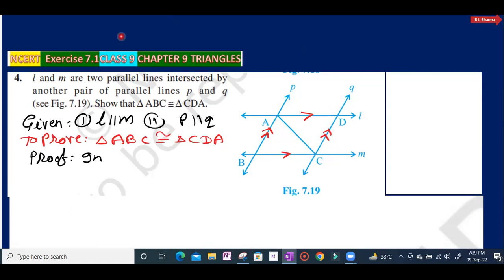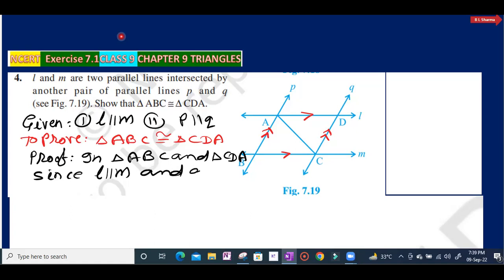In triangle ABC and triangle CDA, see, since L is parallel to M and a transversal AC joins them.